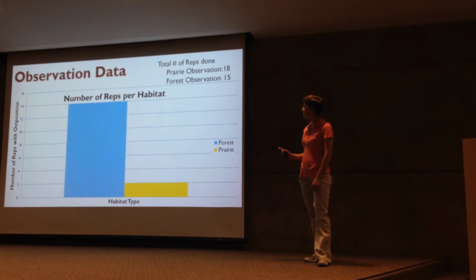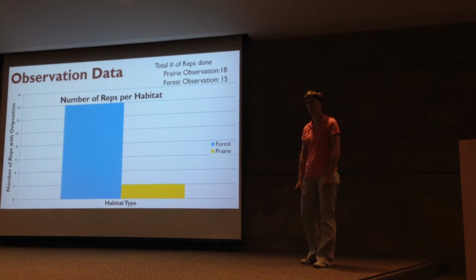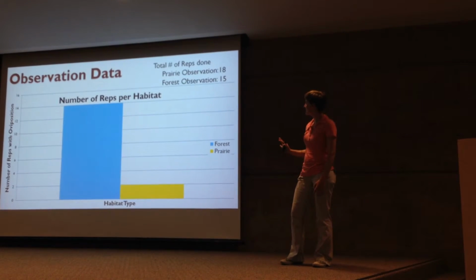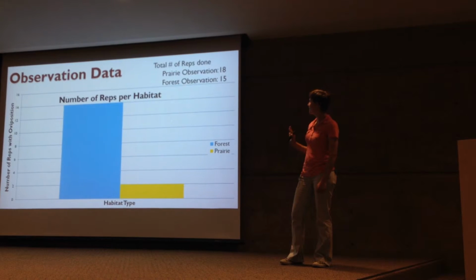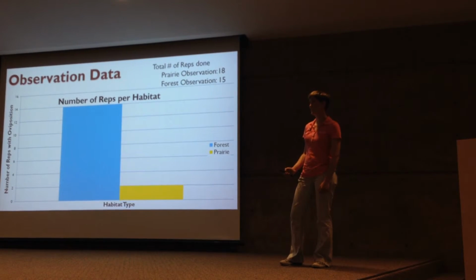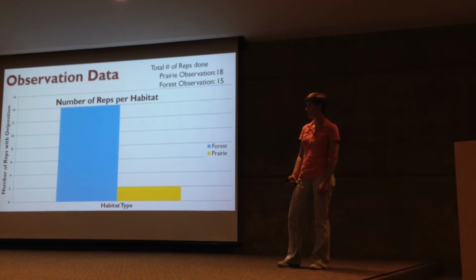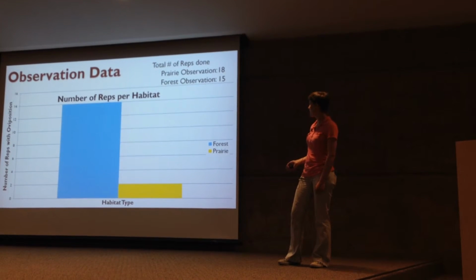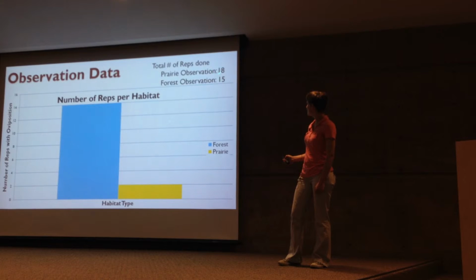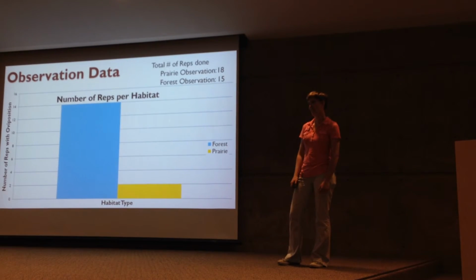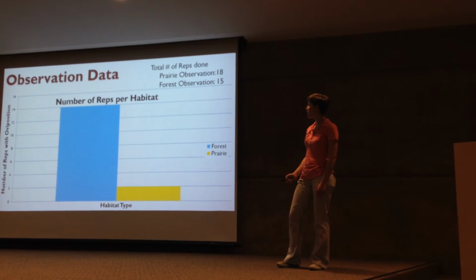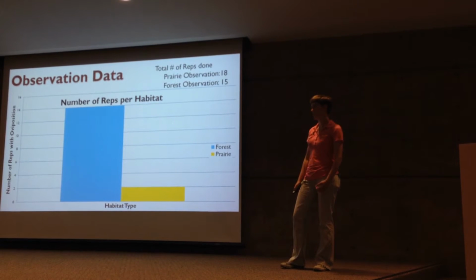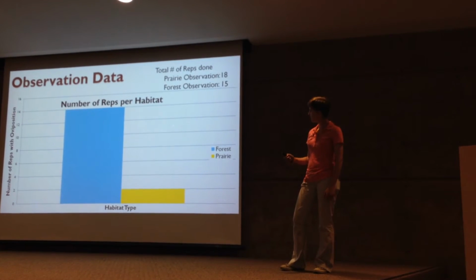So far I've done way more observation studies than manipulations. As you can see, of the 15 forest observations, 14 of them have had oviposition in them. Compared to the prairie habitat, of the 18 that we've done, only 2 have had oviposition. So there's quite a difference between the forest and the prairie habitat.